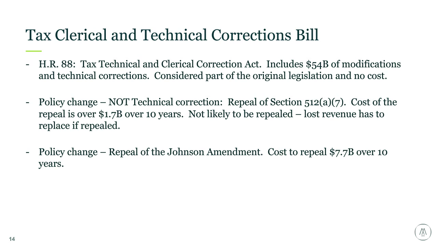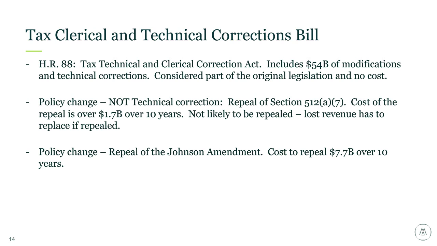Policy change, which is not a technical correction, the repeal of the Transportation and Parking Section 512(a)(7), that's in this category, unfortunately, and the cost of this repeal is estimated to be $1.7 billion over 10 years. So right now it's felt it's highly likely it's not going to be repealed unless this lost revenue is replaced with something else.